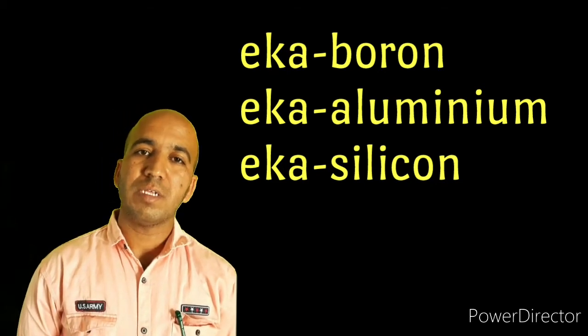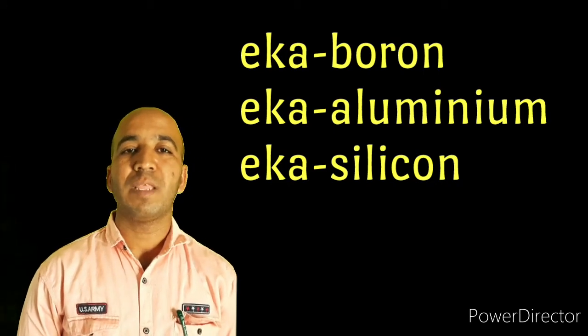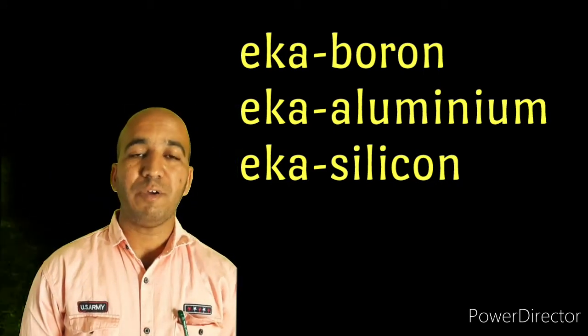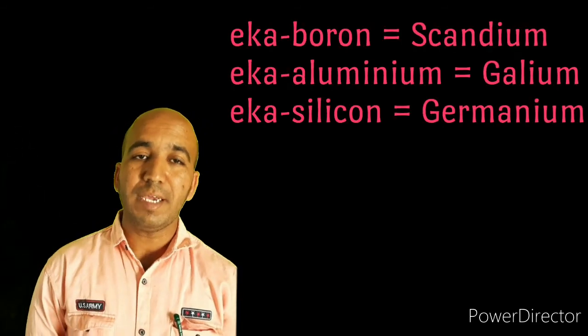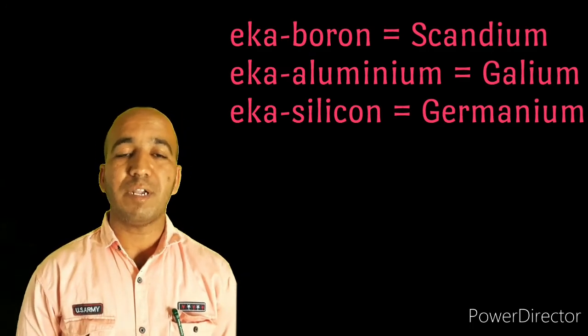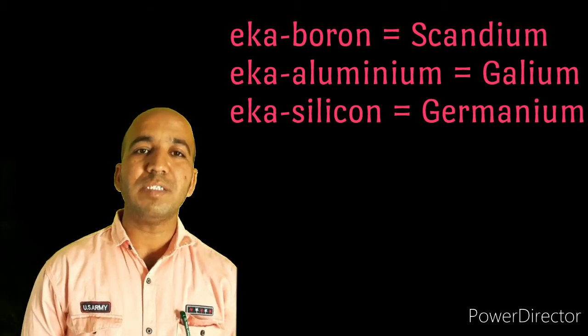After the classification of Mendeleev, these 3 elements were discovered by a few scientists, and the chemical properties predicted by Mendeleev were mostly similar to those of the newly discovered elements. That means Eka-boron, which was predicted by Mendeleev, is named scandium, Eka-aluminium is named gallium, and Eka-silicon is named germanium.